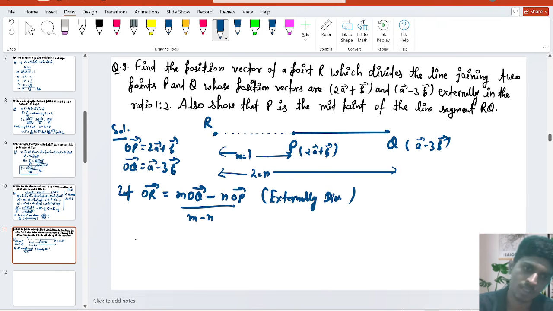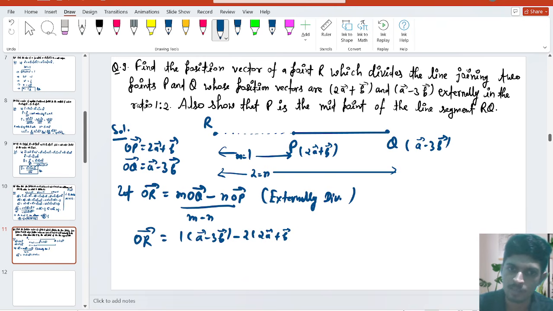So we put in the values. m equals 1, vector OQ equals vector A minus 3 vector B, and n equals 2, vector OP equals 2 vector A plus vector B. Simplify it, upon m minus n, this is 2 minus 1.